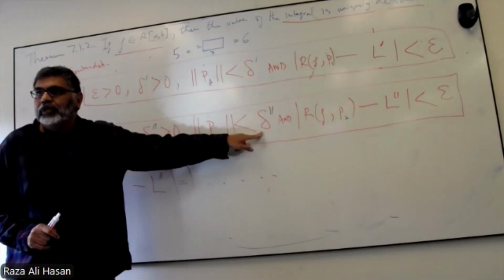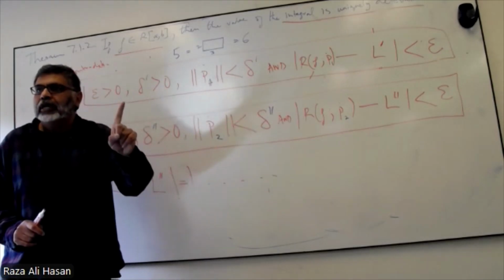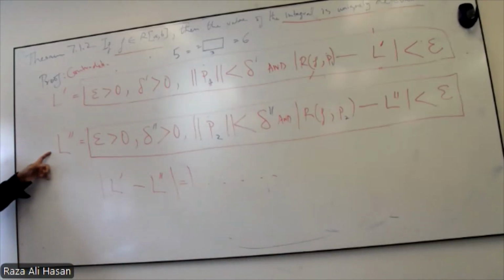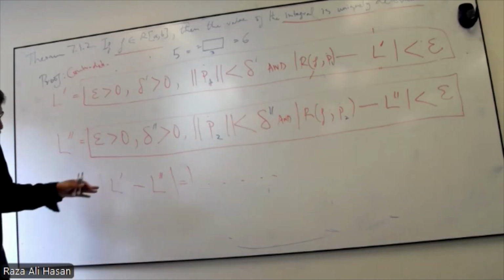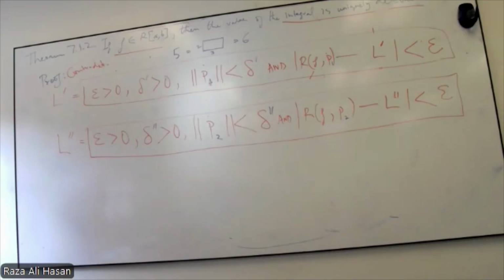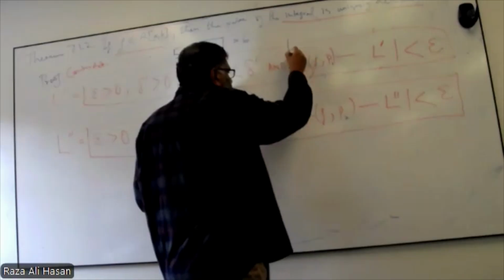Okay, so we switch to one partition for both this guy and this guy. It should still be true that they are different, even if we use one partition. Okay, so let's do that so that we can get to this stage here. So if we did that, these two guys will change.